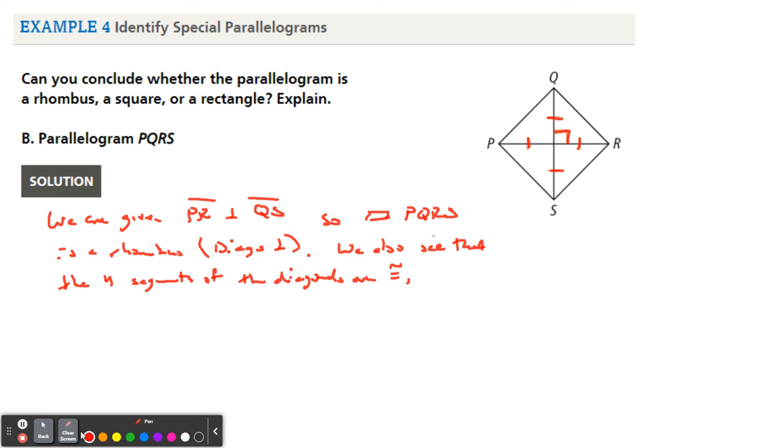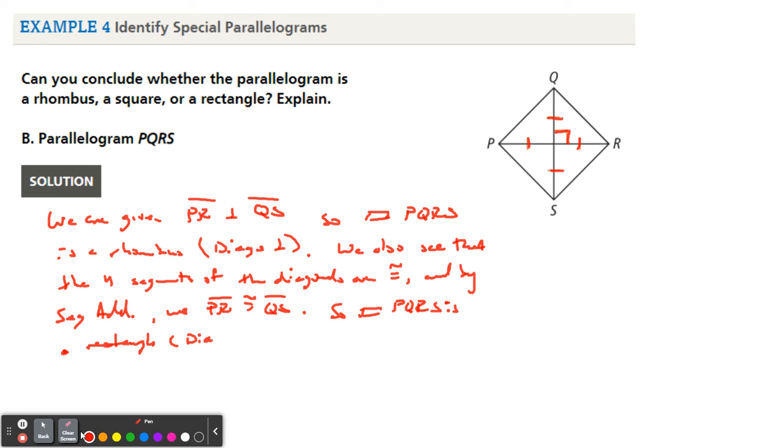And by segment addition, we would know that segment PR is congruent to segment QS. Because if those two segments are congruent to those two segments, if you add them together, you're going to get a bigger congruent segment. So parallelogram PQRS is also a rectangle.